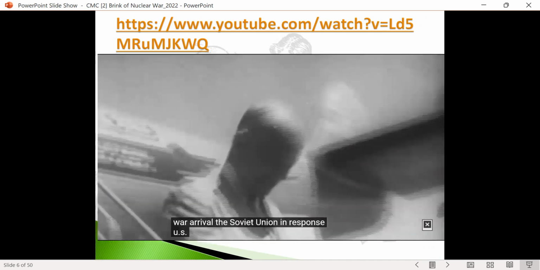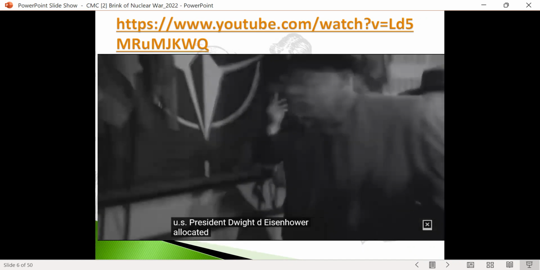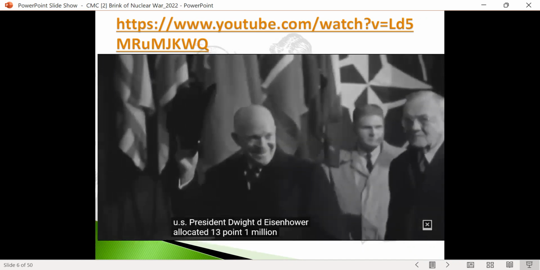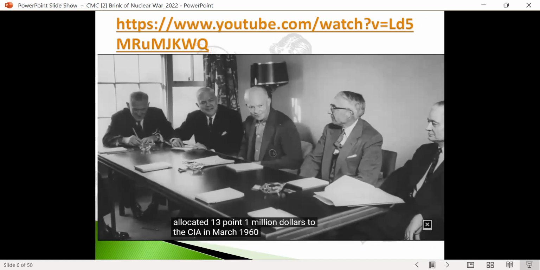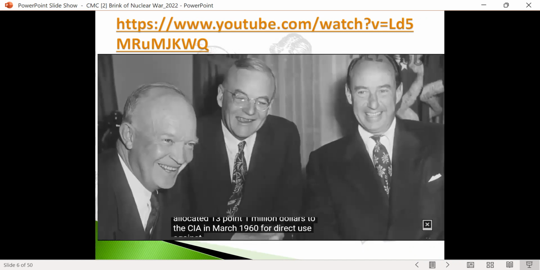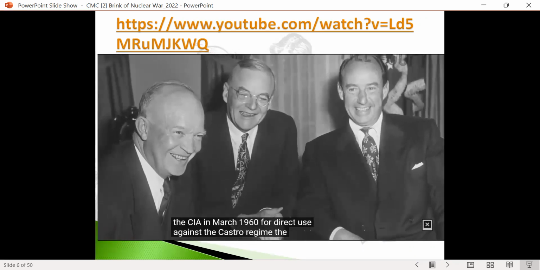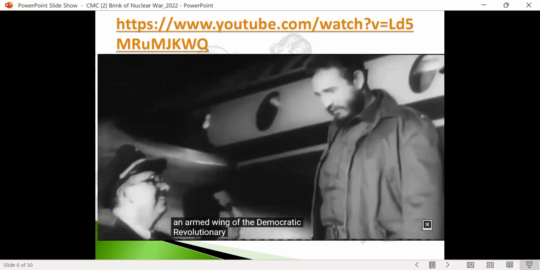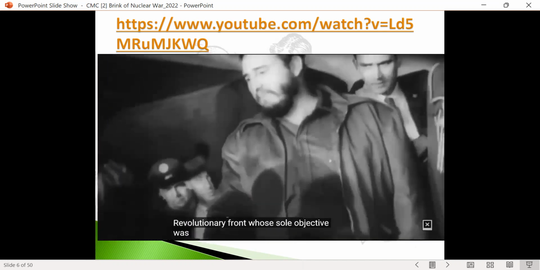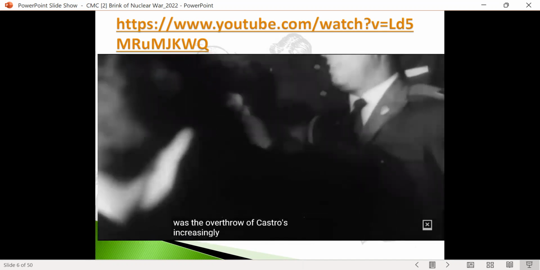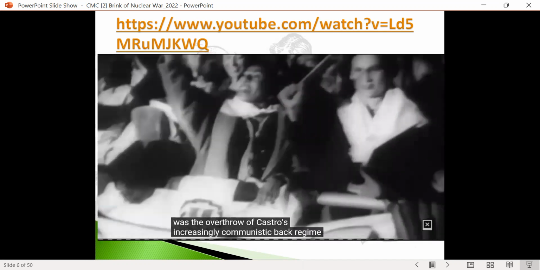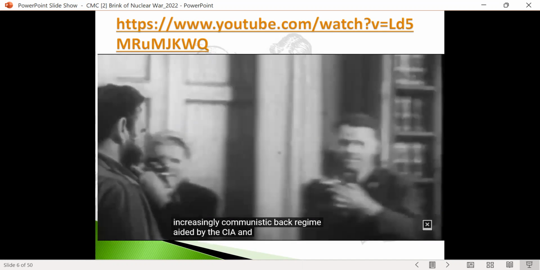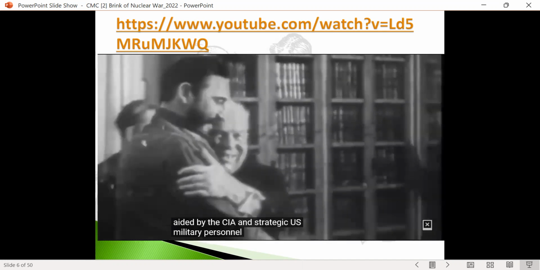In response, U.S. President Dwight D. Eisenhower allocated $13.1 million to the CIA in March 1960 for direct use against the Castro regime. The money helped to form a Cuban exile paramilitary group called Brigade 2506, an armed wing of the Democratic Revolutionary Front, whose sole objective was the overthrow of Castro's increasingly communist-backed regime, aided by the CIA and strategic U.S. military personnel.